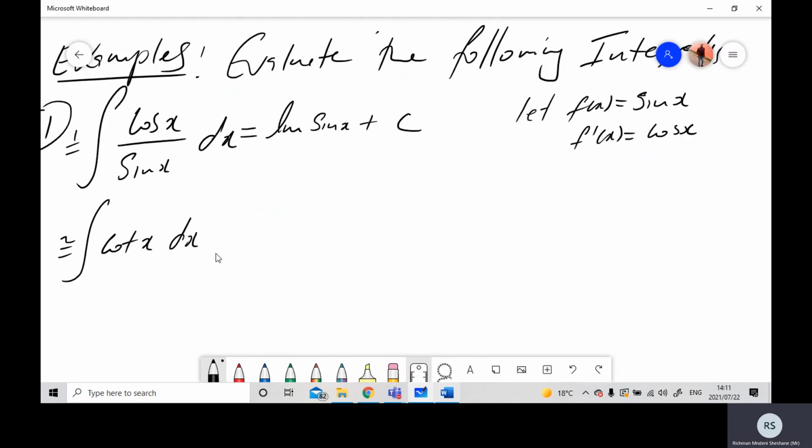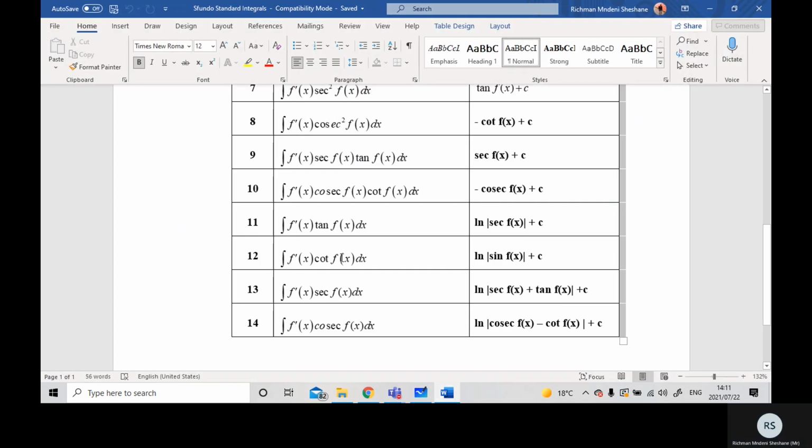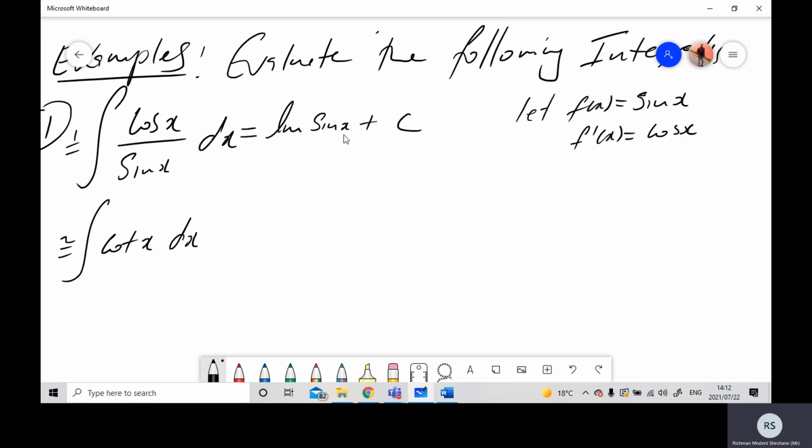So f of x is x and f prime is 1, and you have this standard form. The integral of this will be ln of sine of f of x. You remember f of x is x, so it's ln of sine of x, which is this one.